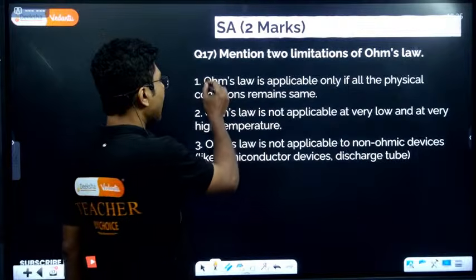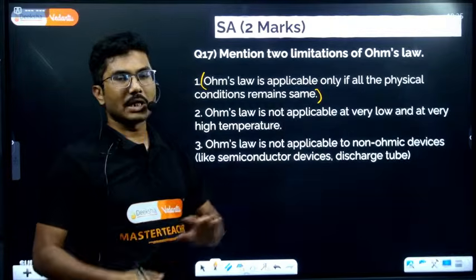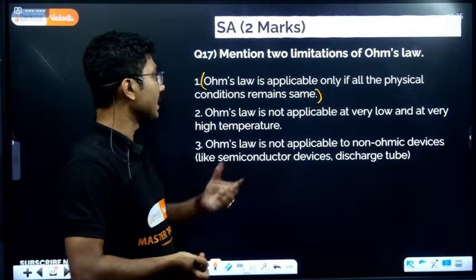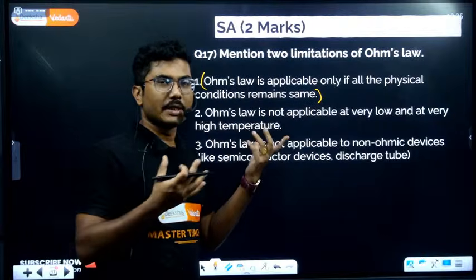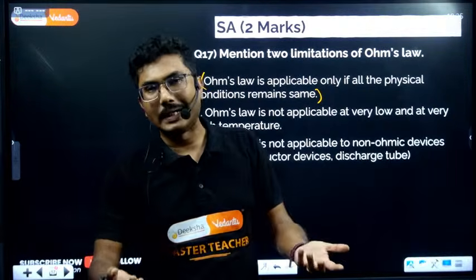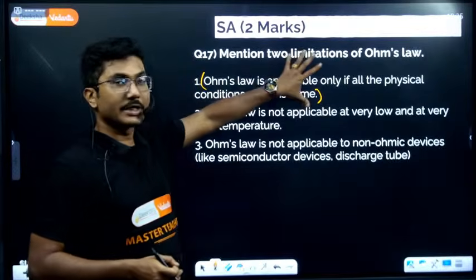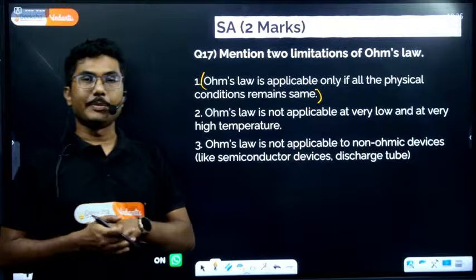Out of that, you have to underline the point: Ohm's law is applicable only if all physical conditions remain same. Physical condition means suppose there is a metal which suddenly melts, then Ohm's law will no longer be applicable. This explanation is there in the NCERT. You have to figure out the statements.